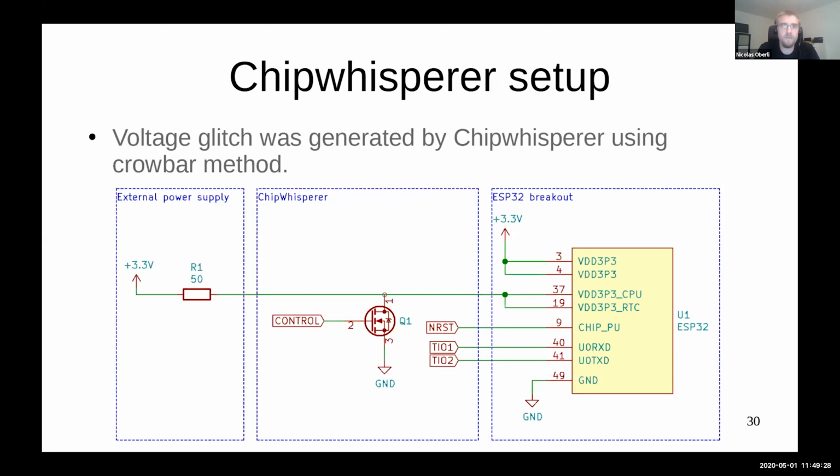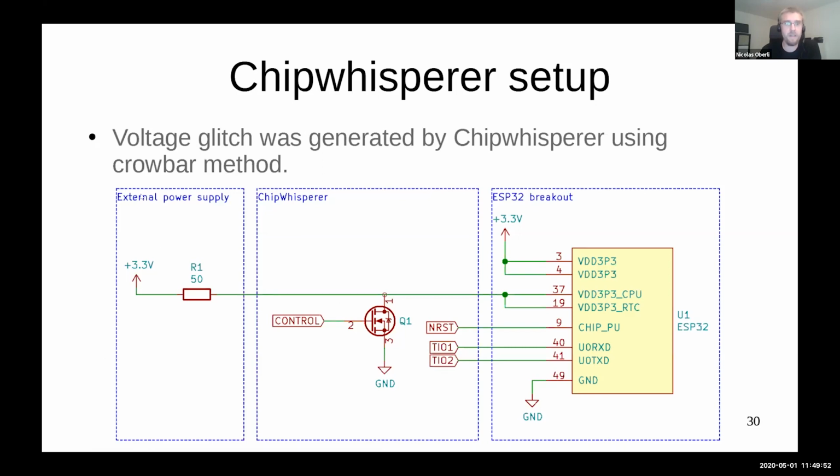To perform those voltage glitches, we used a ChipWhisperer, which uses what is called the crowbar method. It uses a MOSFET that will short the power supply to the ground, so that will cut the power from the CPU, from the power supply to the device under target.